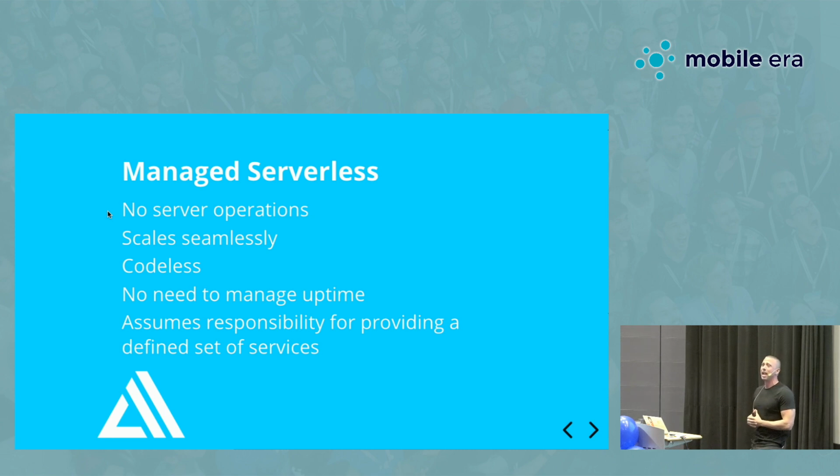You're just subscribing to an API that they've built and that they're managing for you. You don't need to manage uptime either. The bottom line is it assumes a set of responsibilities for providing a defined set of services. It gives you a service and assumes responsibility for that service.